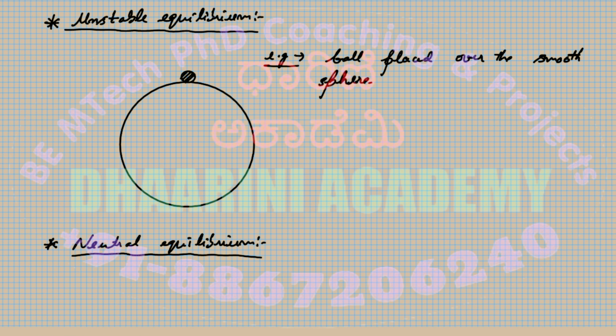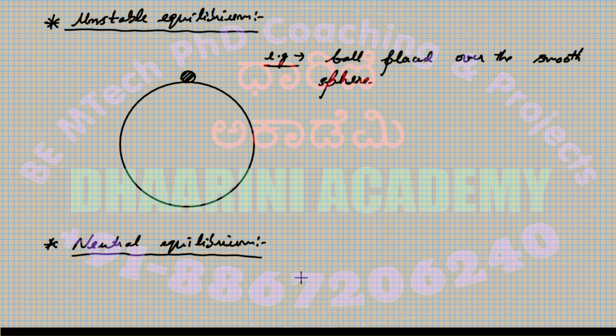It's a very simple case. Let us say this is the surface, and we place a ball on a completely horizontal surface.